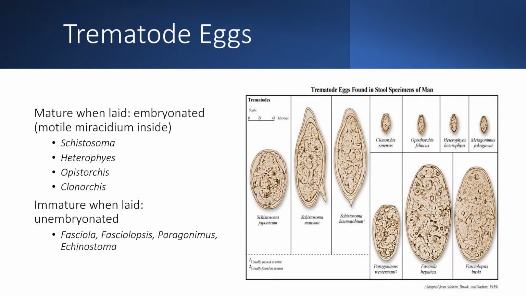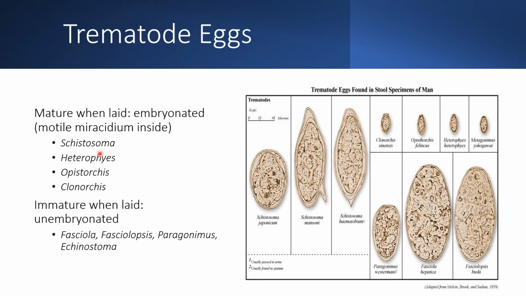For the trematode eggs, they are classified according to their embryonation. Some of the adult worms tend to lay eggs which are embryonated, and we have those trematodes which lay eggs that are unembryonated.